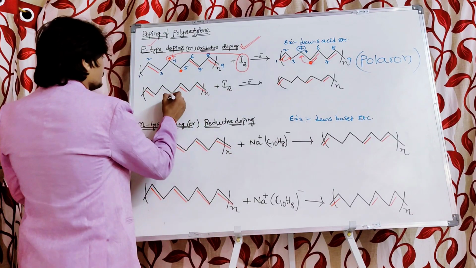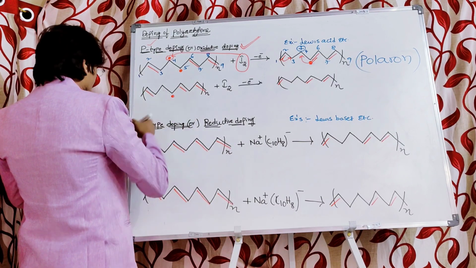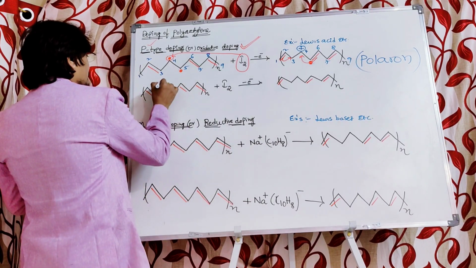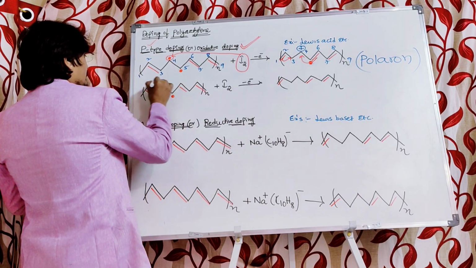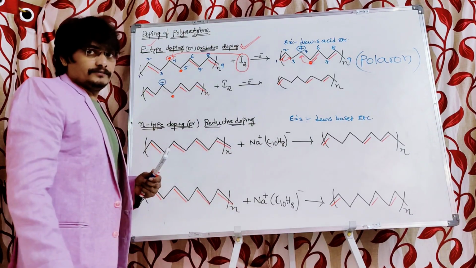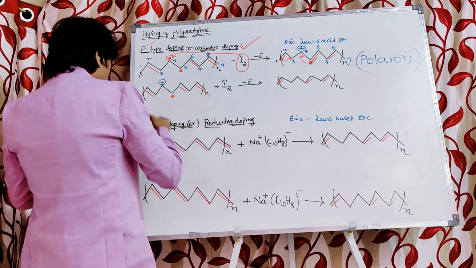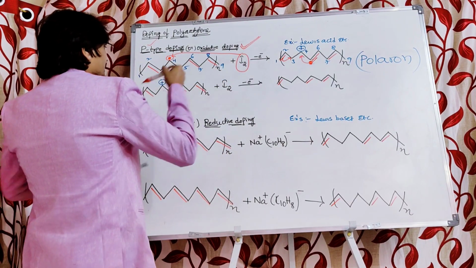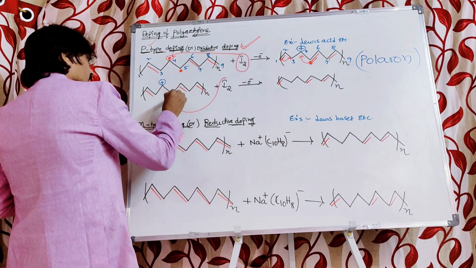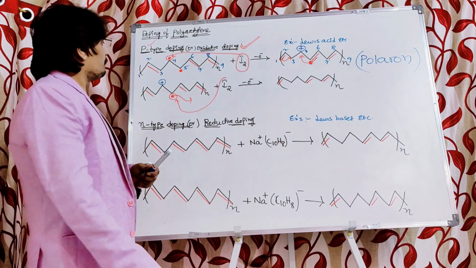So, polaron, radical cation, right? Now, this reacts with another iodine molecule. This other iodine molecule will grab this electron also.